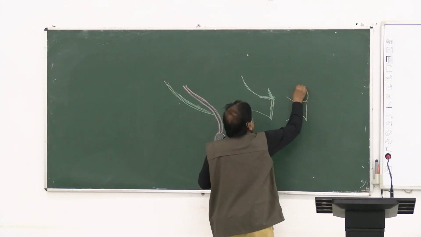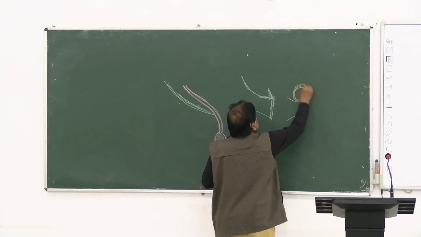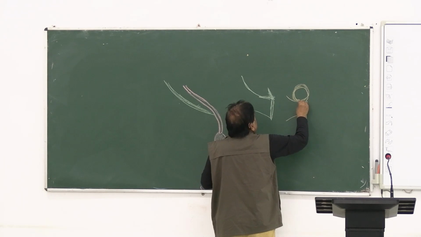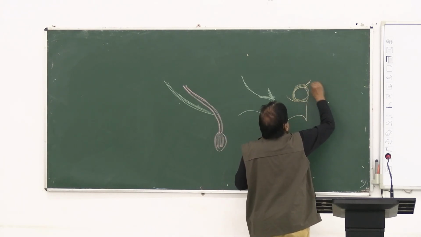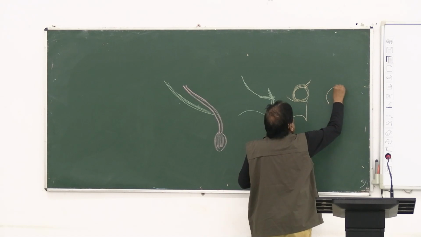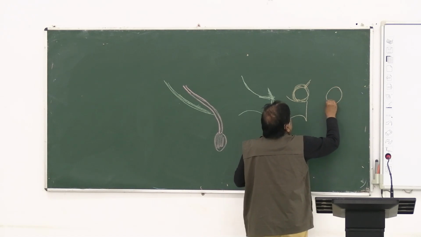This is the sac. What you do, you lift it up with a tissue forceps and you do a purse string like this, like this.